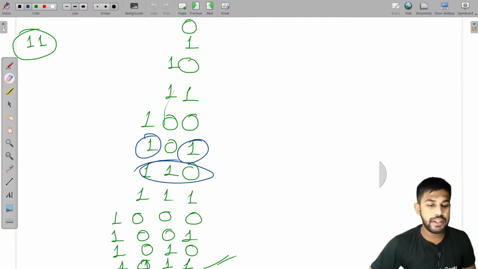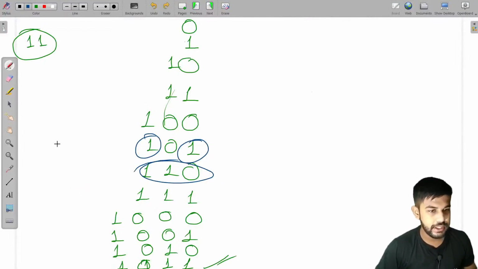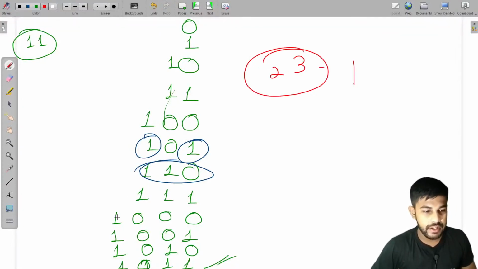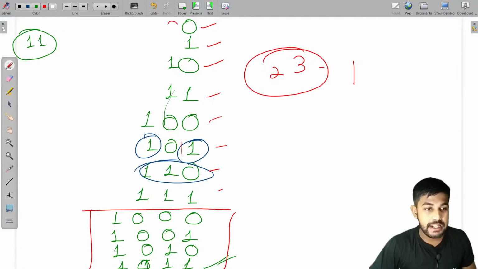Okay, moving forward. So now we can tell the number of possible combinations. If we just observe till 2 to the power 3 minus 1, then we can see that this has all the possible combinations. The first column is 0, 1, 0, 1, 0, 1, 0, 1. The next is 0, 0, 1, 1, 0, 0, 1, 1.